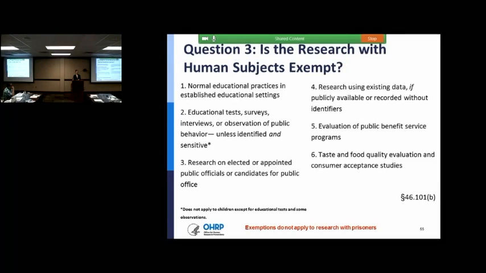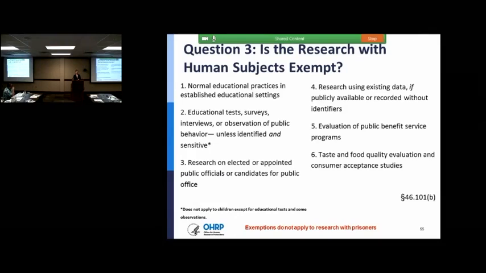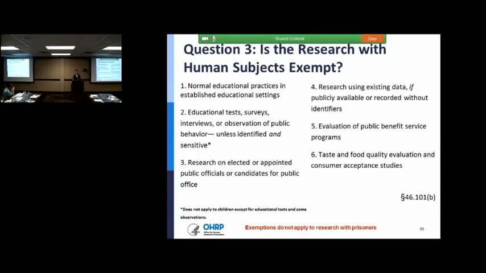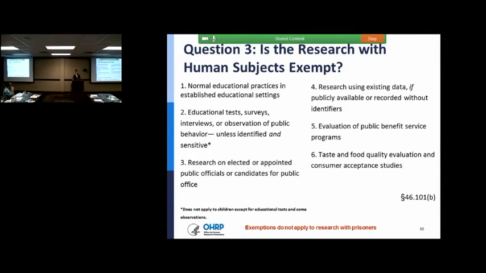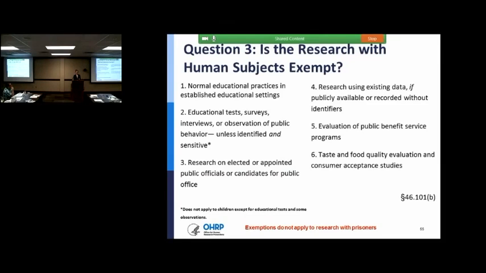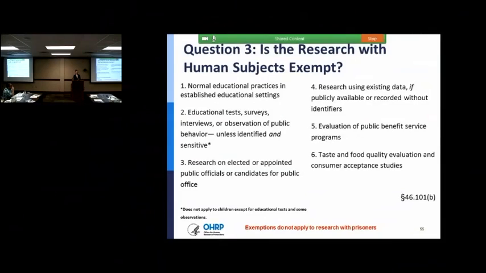Number 3 is research on elected or appointed public officials or candidates. Number 4 is research using existing data, if it's publicly available or recorded without identifiers. Number 5 is the evaluation of public benefit service programs. And the last is taste and food quality evaluation or consumer preference studies. So 1, 2, and 4 are the most commonly used.